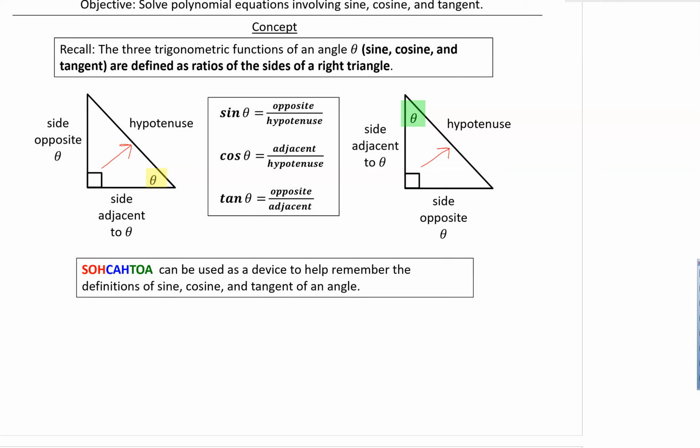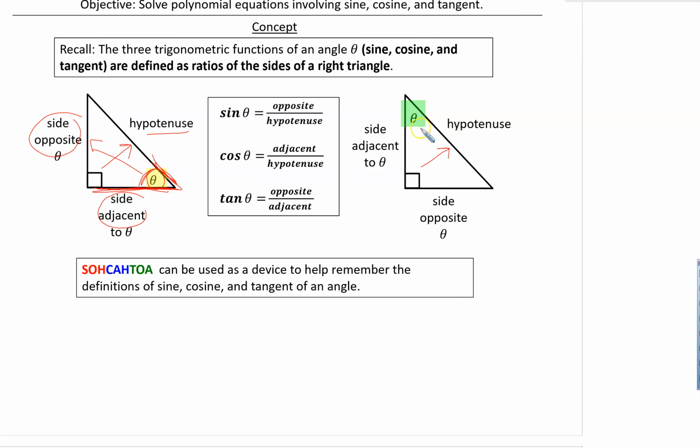When theta is in this corner, going across our triangle makes this our side opposite our angle. And this would be our side adjacent to our angle, which is one of the sides of the angle. That's always what we mean by adjacent. It's one of the sides of the angle that is not the hypotenuse.